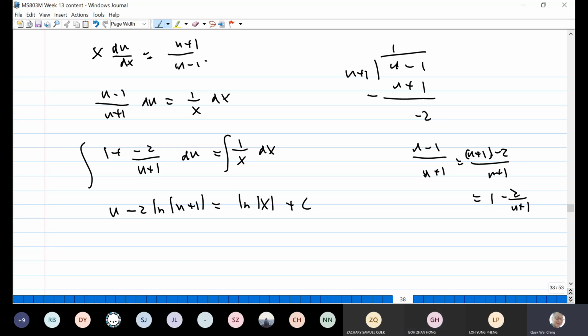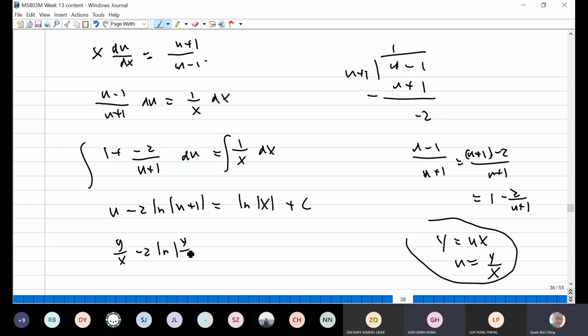Then you change the u back. What is u here? y equals u times x, so u is actually equal to y over x. So we get y over x minus 2 ln of y over x plus 1 equals ln x plus c.